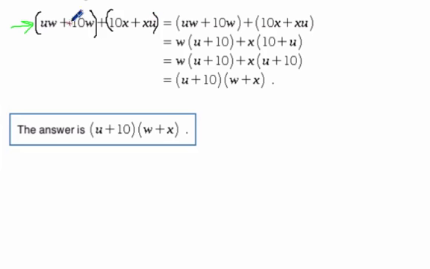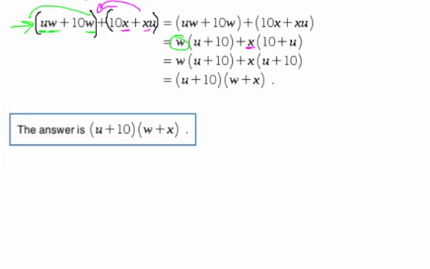So now we're going to factor out that common w. So here we pull this w out front, and that's where it comes from right here. And in this case, we pull the x out front, and that's where it comes from. So it's kind of like undistributing, factoring. That's how it works.